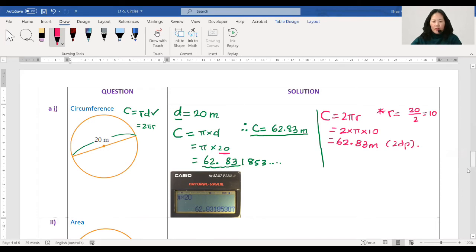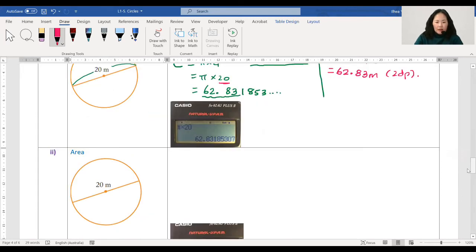Now, let's find the area. The formula is just 1, it's not 2, 1 pi r squared. And we know r is half of diameter. So diameter was 20 and half of it is 10 meters.